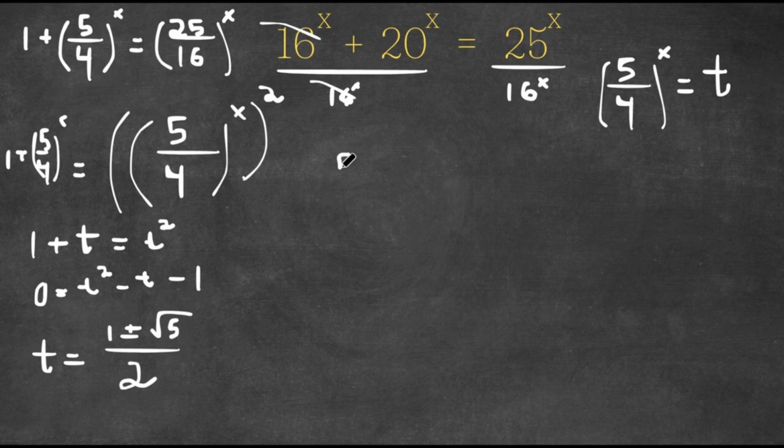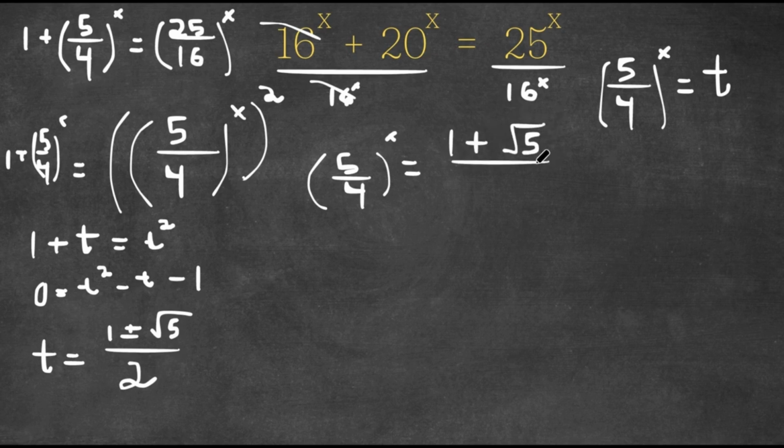So this means that 5 over 4 to the power of x is equal to 1 plus the square root of 5 over 2 and 1 minus the square root of 5 over 2. So let's first do 1 plus the square root of 5 over 2.